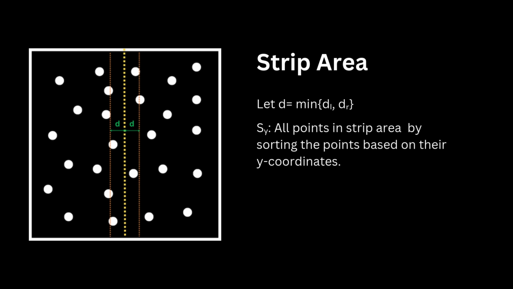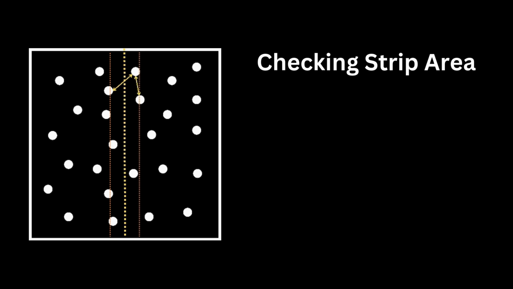avoid missing closer pairs. We determine all points whose x-coordinate is within the current closest distance, d, from the dividing line, and then we create an array, Si, containing these points, sorted by their y-coordinates. Next, we check for potential closer pairs within the strip.